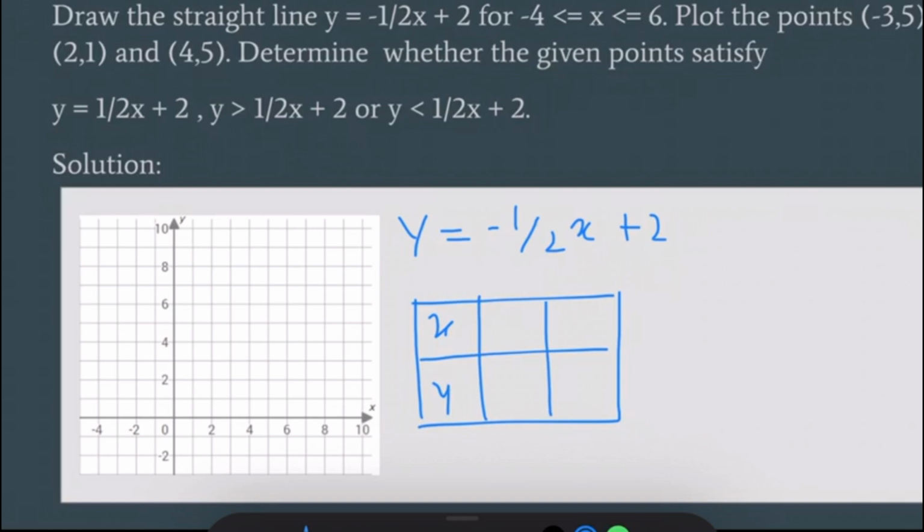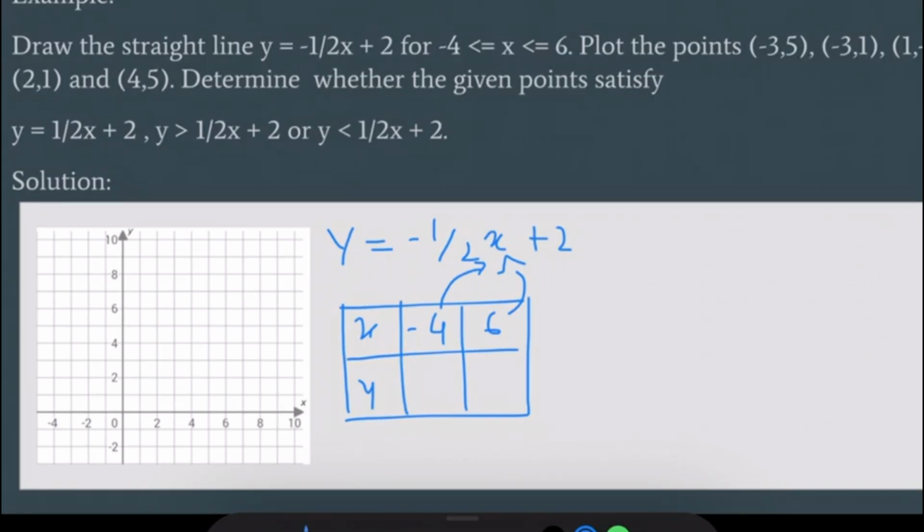We put the values inside the x-axis first, which are negative 4 and 6. Just put the value inside the equation and we will be left with the value of y.